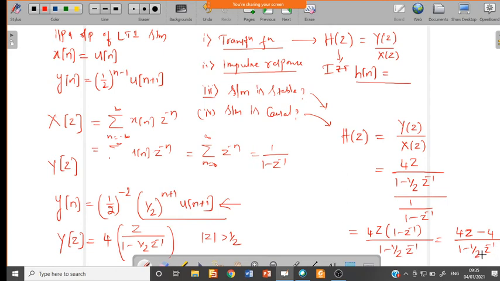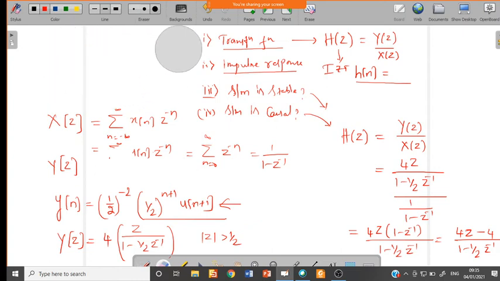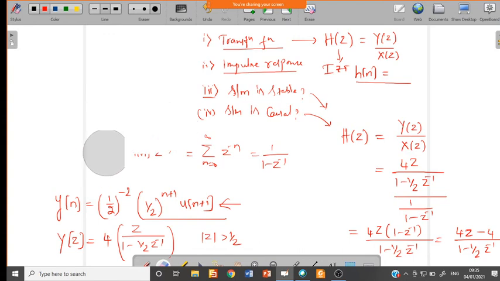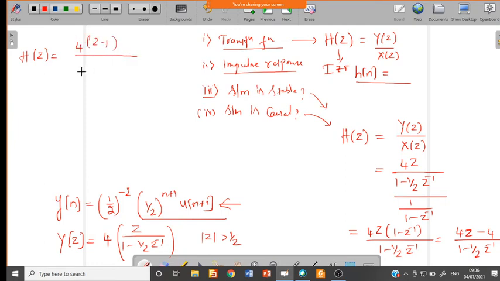So now we can write this 1 by z, and here you will get H of z, which is given by 4 into z minus 1 divided by 1 minus half into 1 over z.